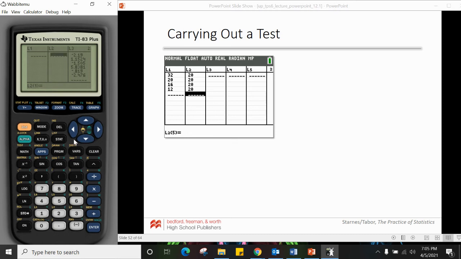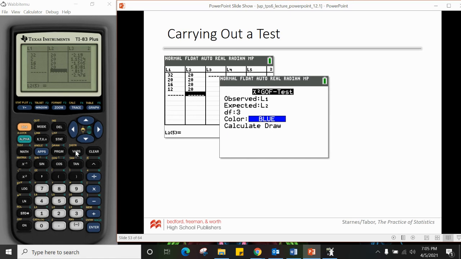I'm going to do observed in the first list: 32, 20, 16, 12, and in L2, my expected are all the same. Make sure, I've done this mistake before, where I put the probability here, not the expected numbers. Make sure you put the expected counts.